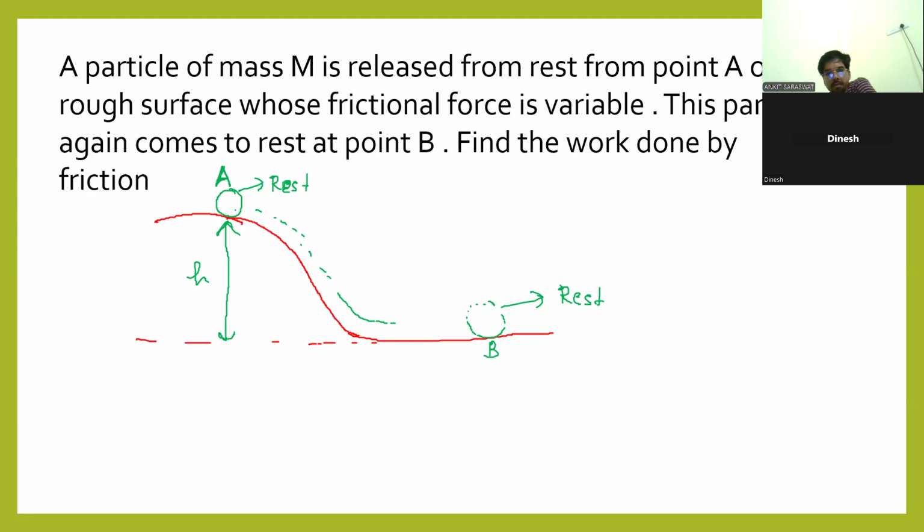Apply the work-energy theorem. Work done by all the forces, meaning every force, like work done by gravity, work done by friction, and work done by other forces like normal, is equal to the change in kinetic energy. Are there any other forces here?